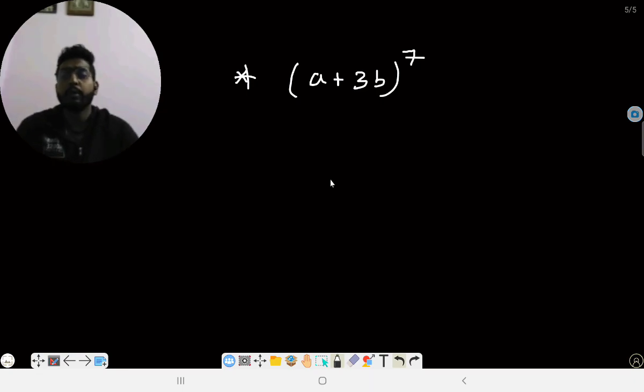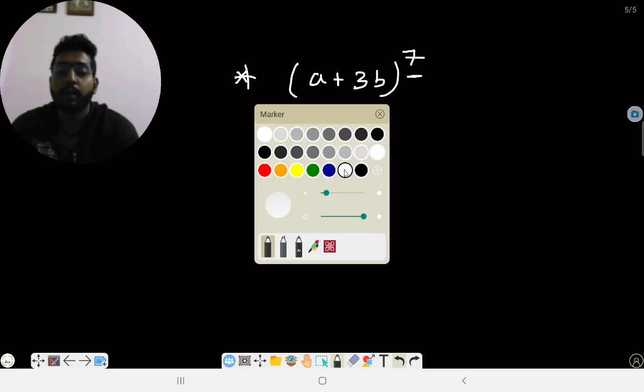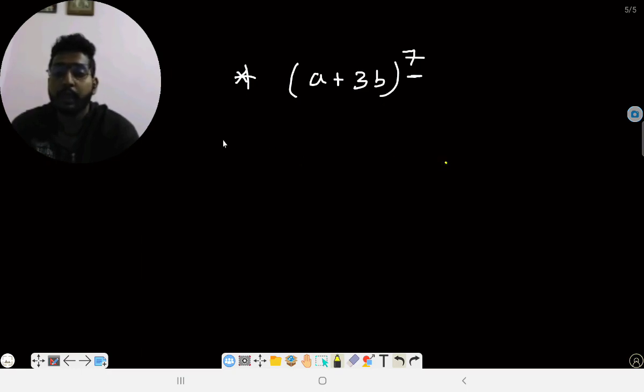Again, suppose it is given (a plus 3b) whole to the power 7. Now you have to find the middle term of this one. Now we can see what the power is here. The power n is odd, so there will be two middle terms.